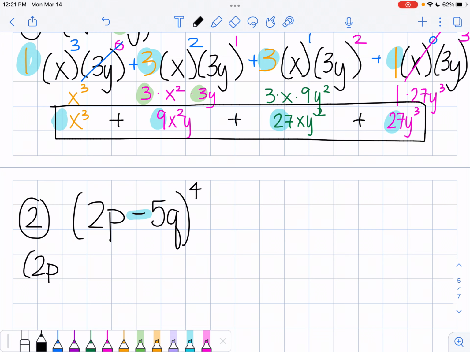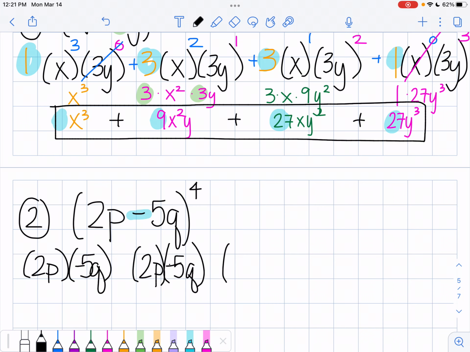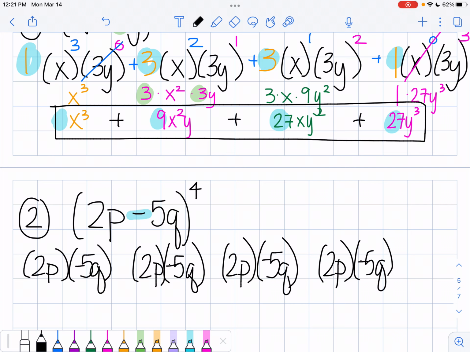I have 2p, negative 5q, 2p, negative 5q, 2p, negative 5q, 2p, negative 5q, 1, 2, 3, 4, 2p, negative 5q. I'm going to shrink these down just a little bit so I have space for all of it.